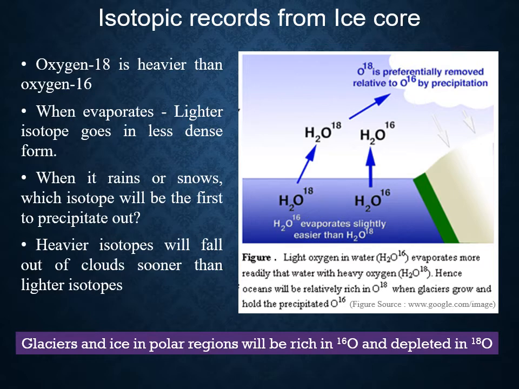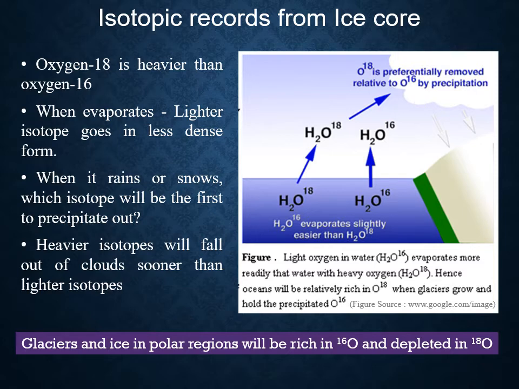So when these clouds are moving towards the high latitude regions, condensation and precipitation occur. Say for example, the first precipitation occurs nearly around 30-degree latitude.